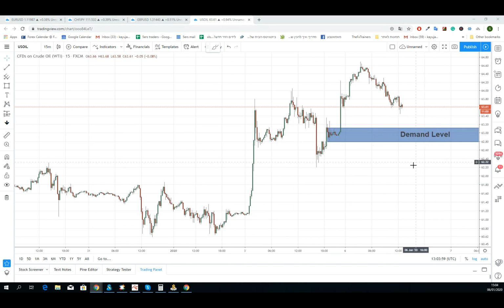Of course, it can happen that the price breaks out of this demand and hits my stop loss, which will be a bit below this demand. Then I'll consider buying again at the next fresh demand, which is here at the bottom. I'll just put another level here.